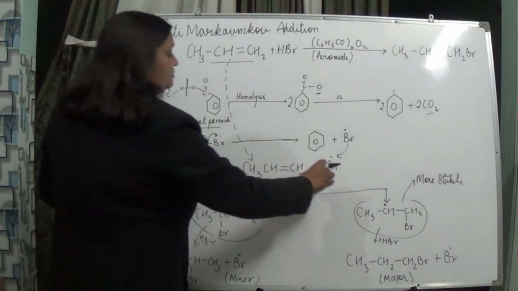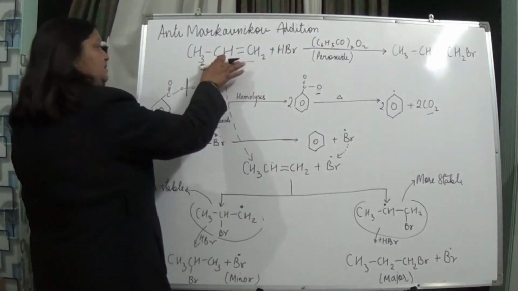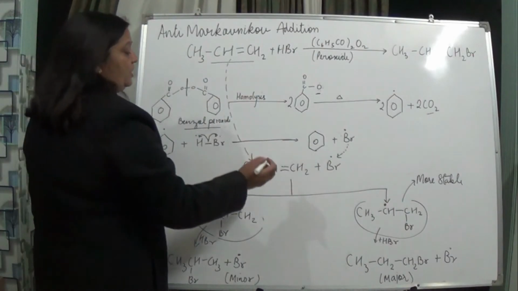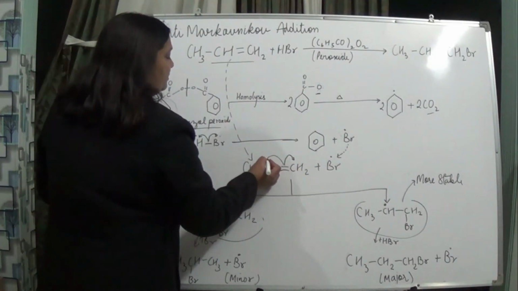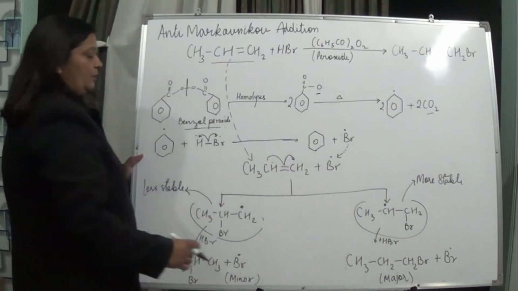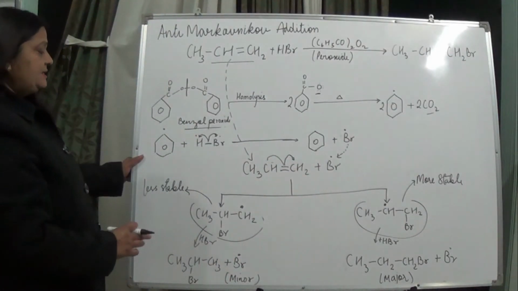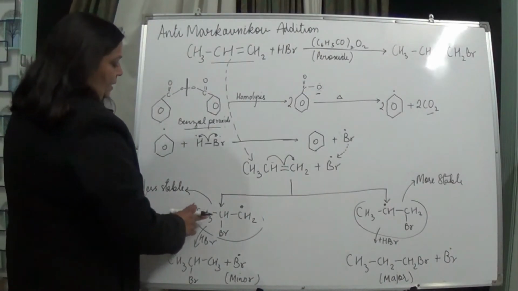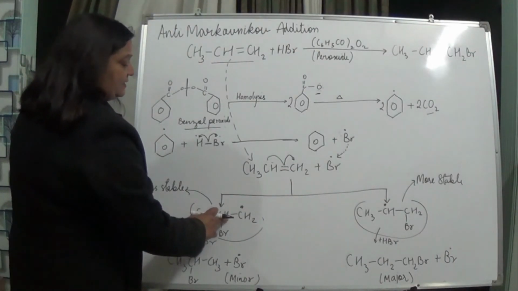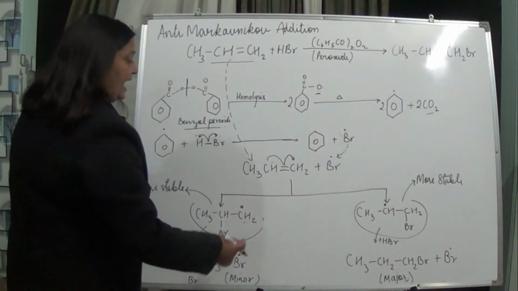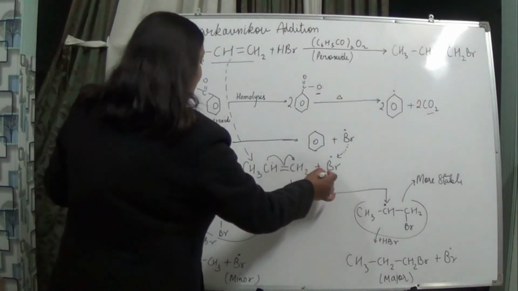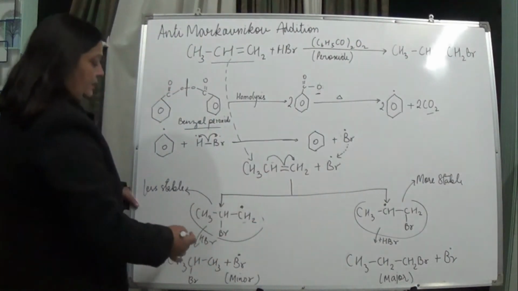Now this bromine free radical reacts with this propene. Here also free radicals will be formed again. Naturally, CH3 CH, a free radical of CH2 is formed, and this bromine comes and attaches to this carbon atom.